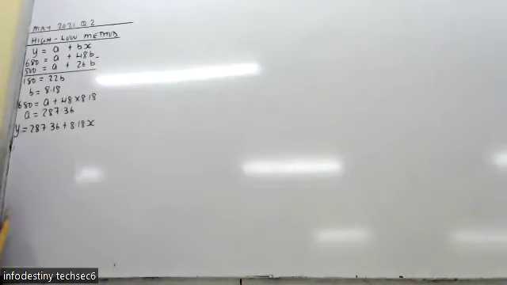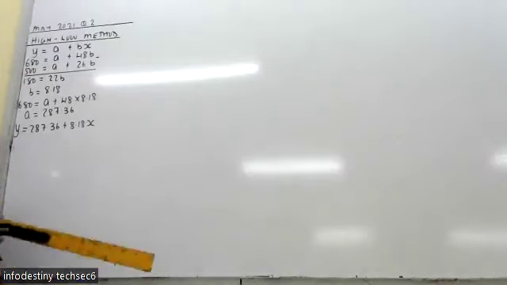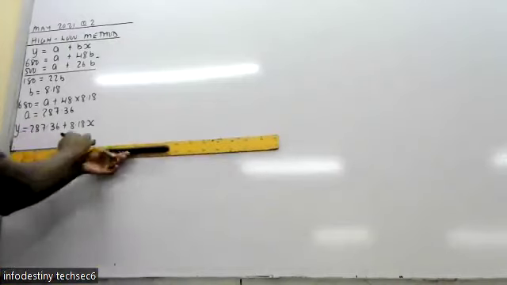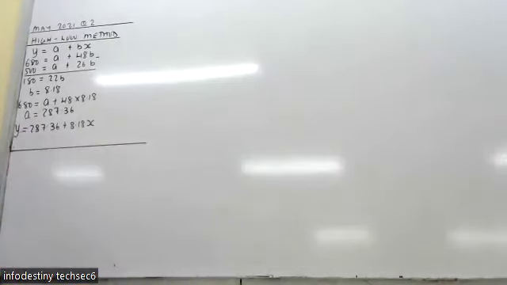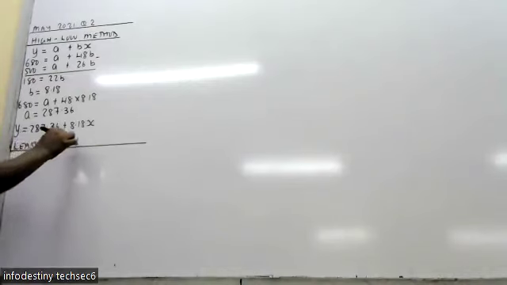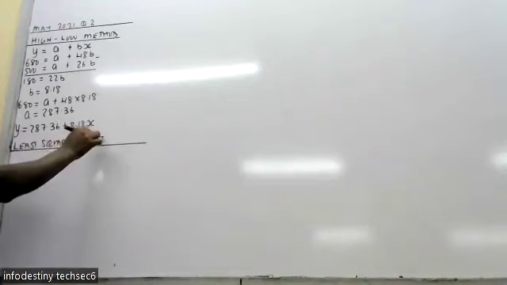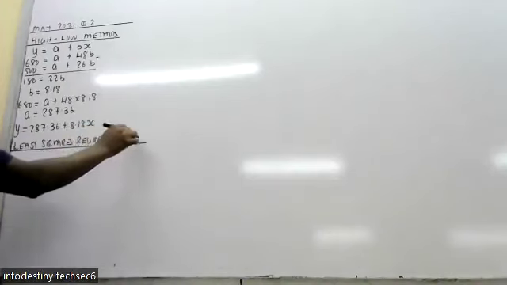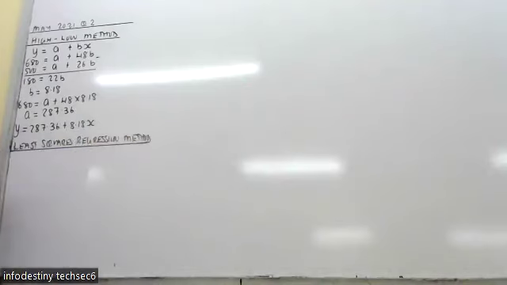Okay, so that is how you use the high-low method. Let's come to the next method, which is called the least squares regression method. The format is y is equals to a plus bx.